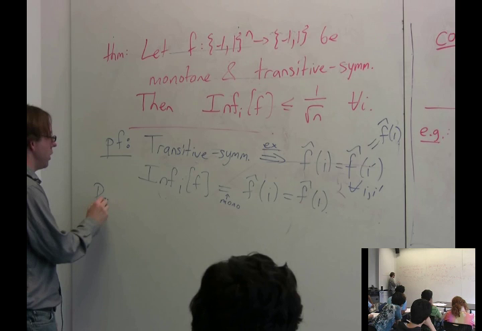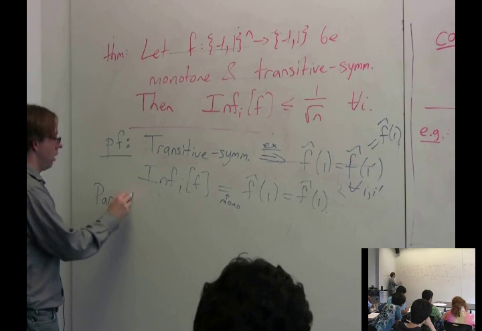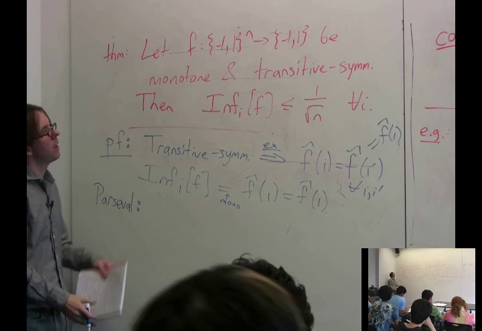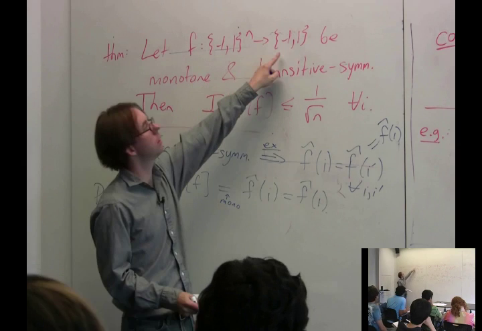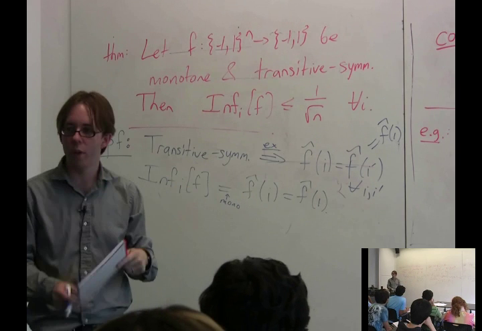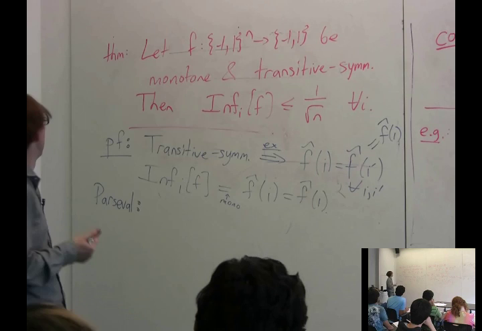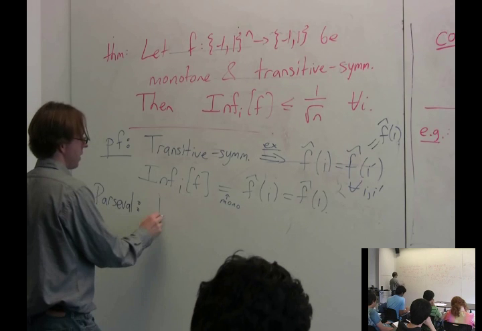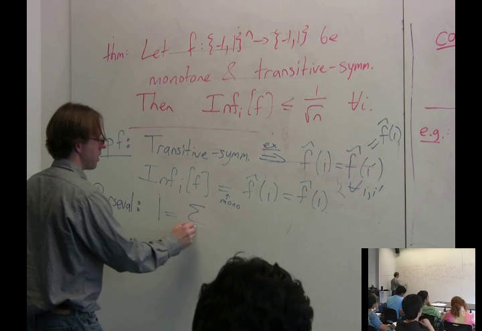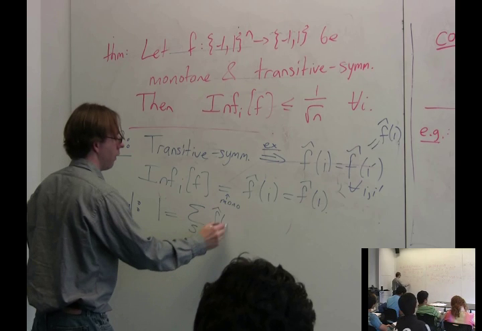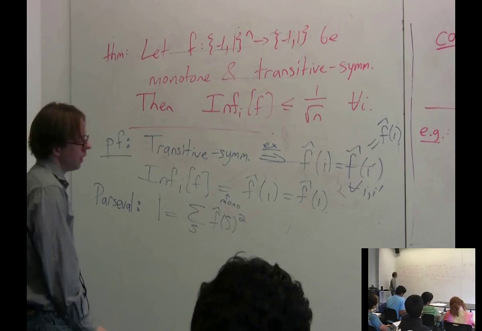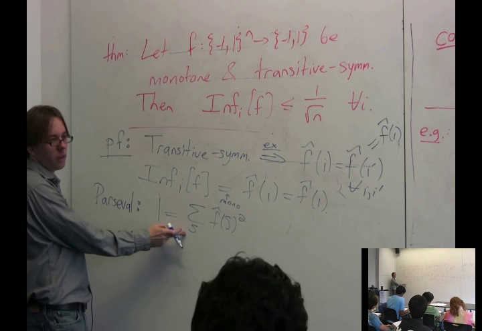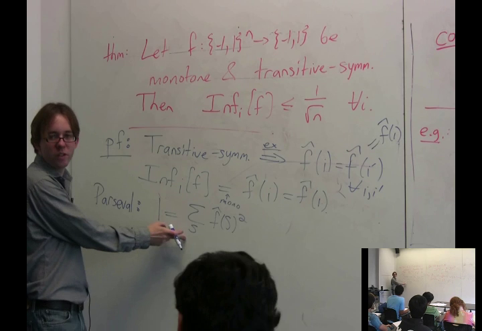And now I'm going to use Parseval. Parseval tells me that for a Boolean valued function, the sum of all the squared Fourier coefficients is 1. So Parseval says that 1 is the sum of the squares of all the Fourier coefficients. In particular, that includes all the degree 1 or singleton Fourier coefficients.